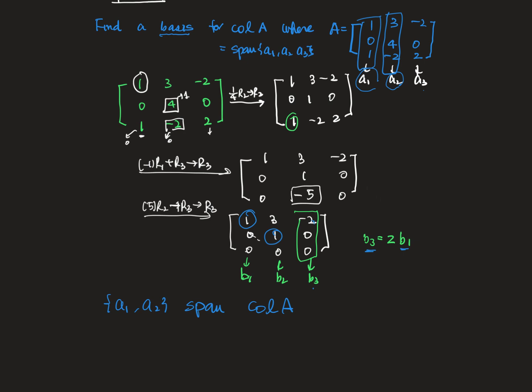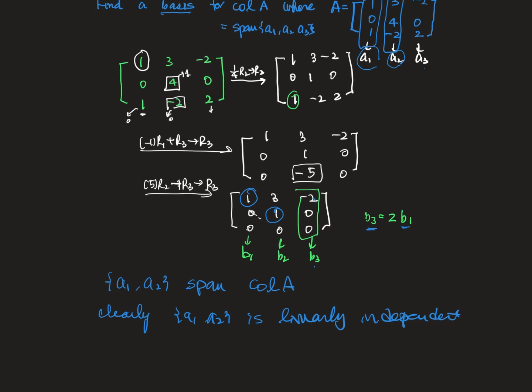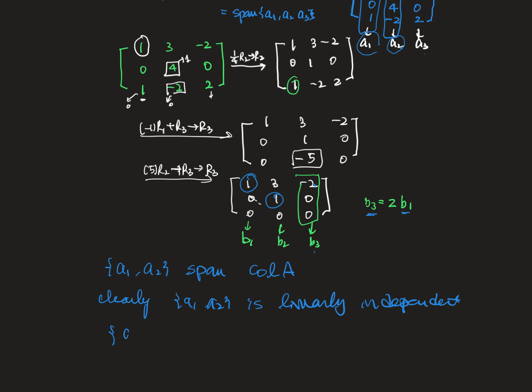Then you clearly prove A1, A2 are linearly independent, so A1, A2 is a basis for the column space of A.